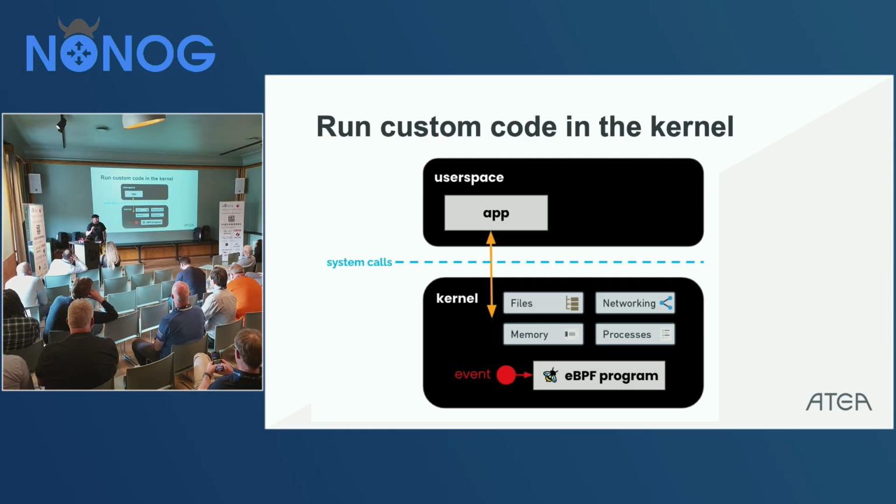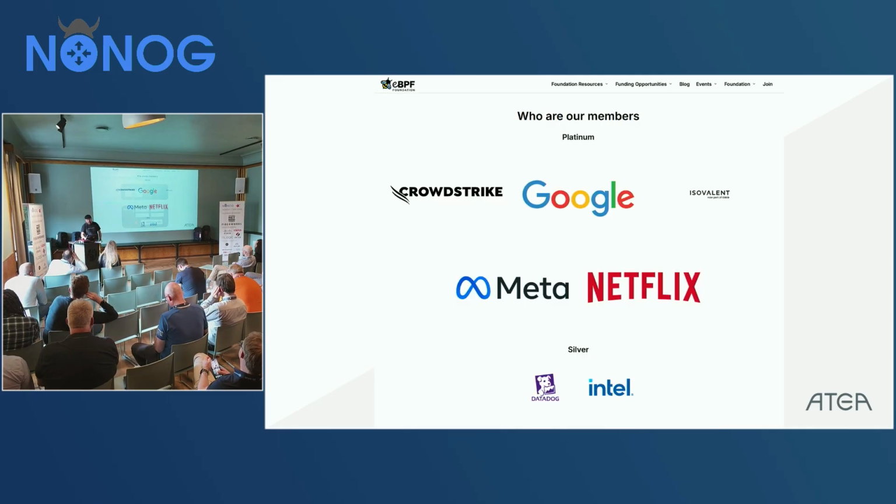If you check out the book from Liz, you will also see examples of how you can make programs, and you can also go into Isovalent labs and actually try a little bit of the programming, like a hello world with eBPF.